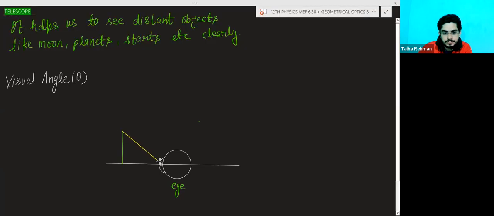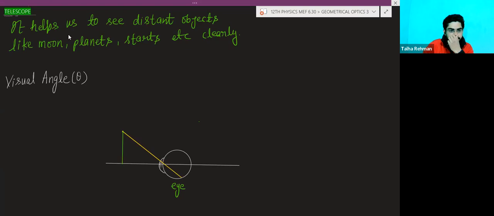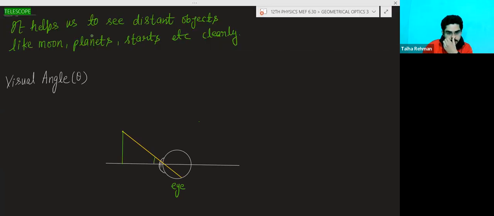So this is, suppose, the object and it is subtending some angle at the eye. So this angle will be the visual angle.